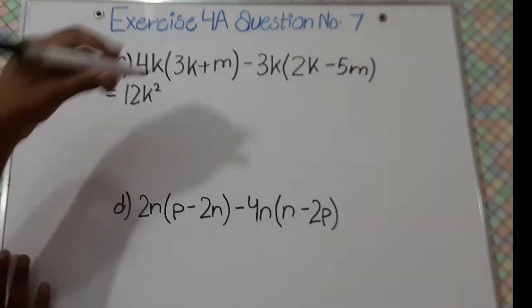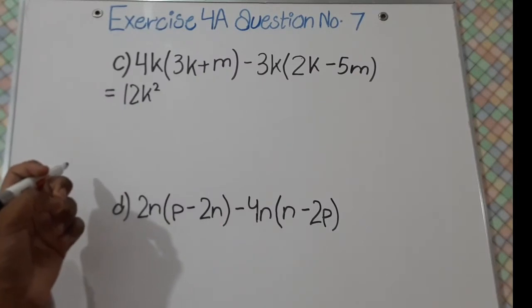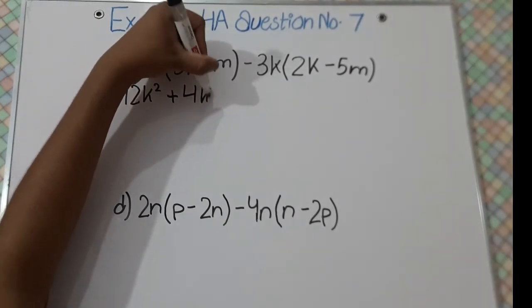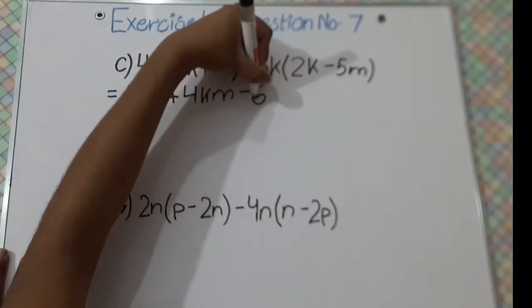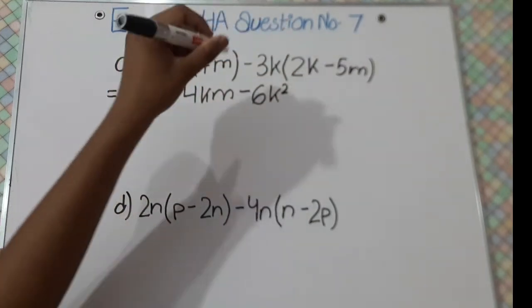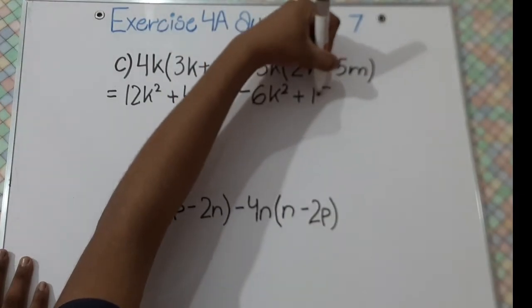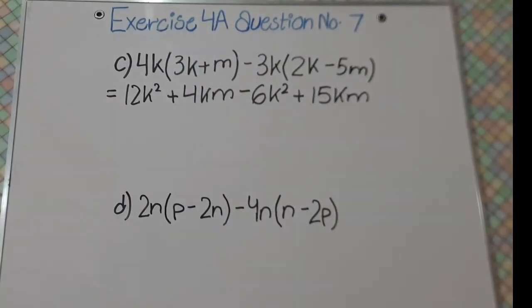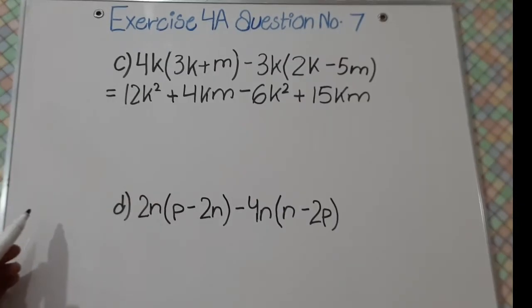Now 4 multiplied by m would be 4km, and minus 3 multiplied by 2 is 6, and k multiplied by k is k squared. Minus minus is plus, and 3 multiplied by 5 is 15km. So now we have opened the brackets: 12k squared plus 4km minus 6k squared plus 15km.